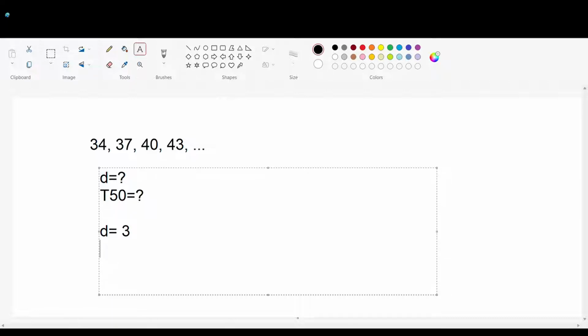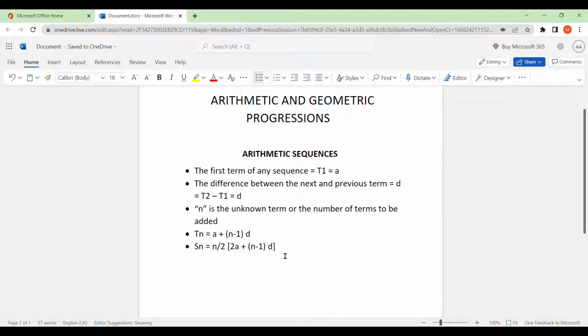So term 50 is equal to a plus n minus 1. a here is 34 plus n minus 1. n is 50 minus 1 times the common difference, which is 3. After simplifying it, we get 147. So 49 times 3 plus 34 is equal to 181.